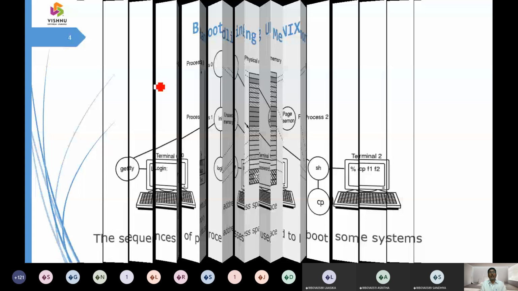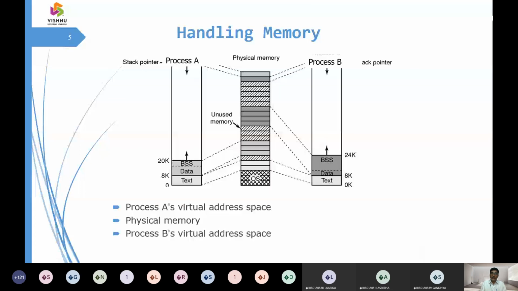Next comes how memory is going to be handled in the Unix operating system. The next challenge was how memory management is going to happen in the Unix operating system.